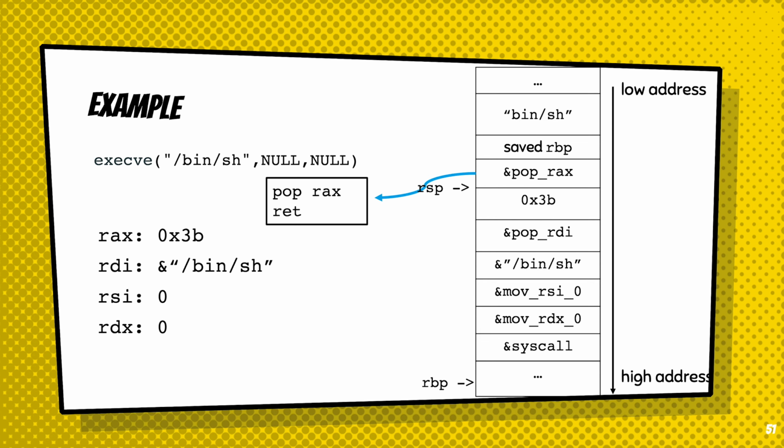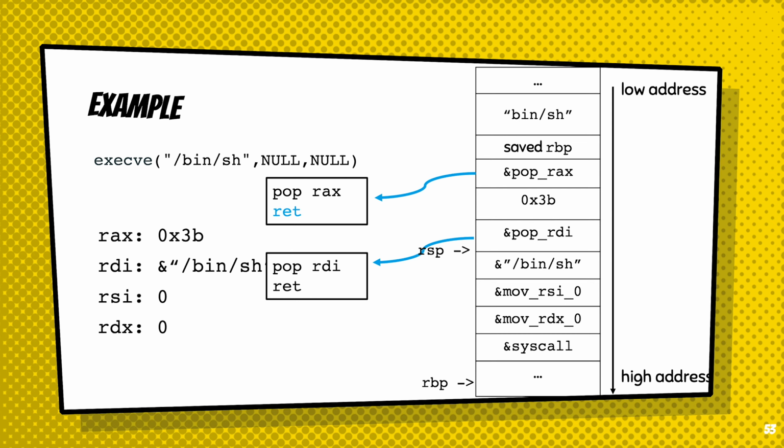So after the saved RBP, the first saved return address will be overwritten to the location of a gadget that we'll call pop rax. When pop rax is invoked, it will pop the value from the stack, so RSP will move higher, and then the value of hex 3b will be copied to RAX. After that, it will return, and then RSP will move higher again.